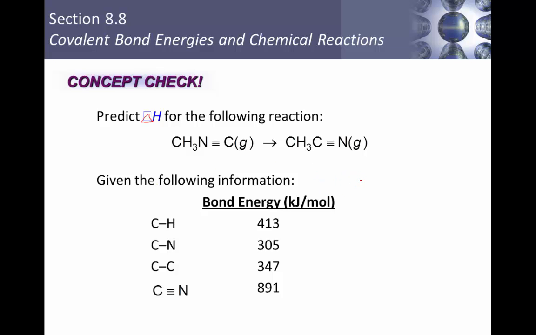Okay, so like C, H, H, H, N, triple bond C. Okay, I just drew that out structurally so that you can see what kind of bonds are going to be breaking and what kind of bonds are going to be forming. Okay, so I see some CH bonds, I see a CN bond, I see a triple bond NC, okay, breaking, and then I see over here, this one forming.